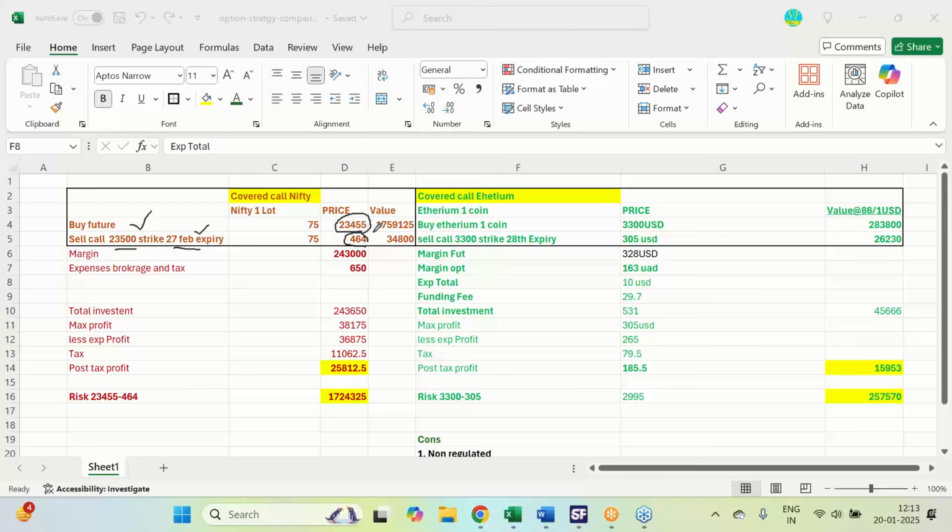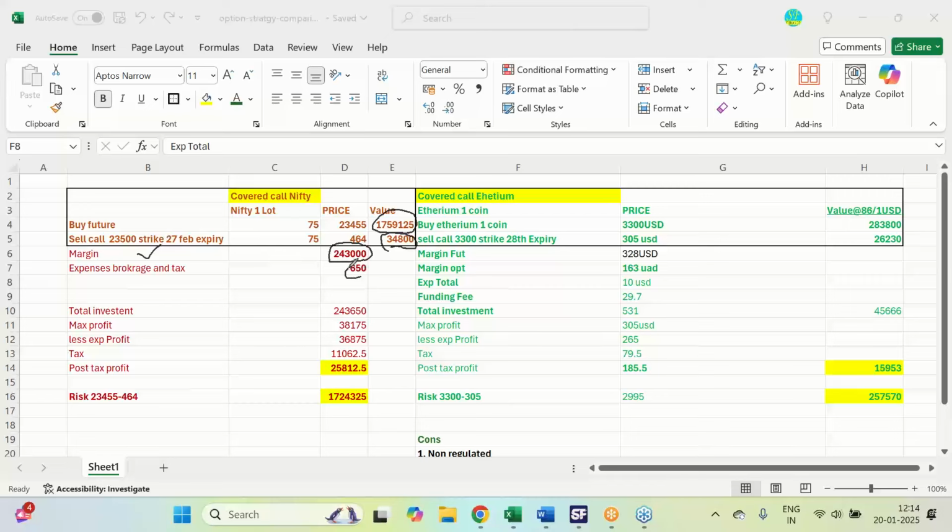Through this sale, I have received 34,800 rupees. My total buying value was 17,15,125 rupees, and for this trade I have paid 2,43,000 rupees as margin.